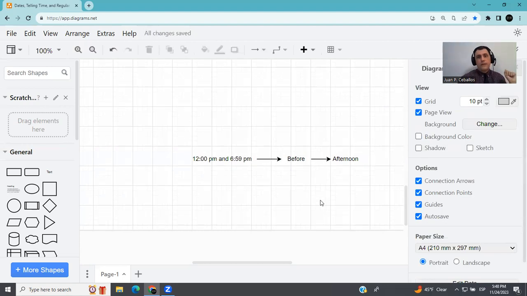So this is something that I haven't seen too much in the books, and many courses do not teach this, but keep that in mind. So in Spanish, afternoon and evening, the difference goes according to the sunset.